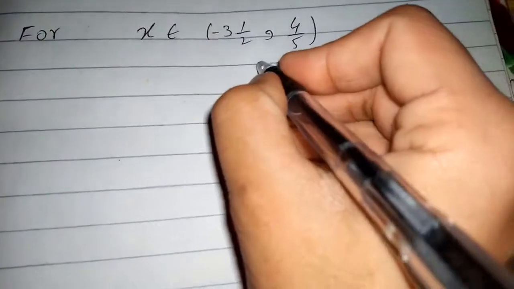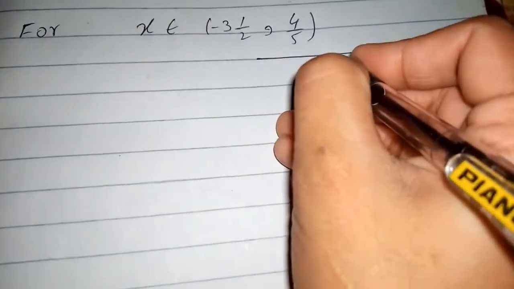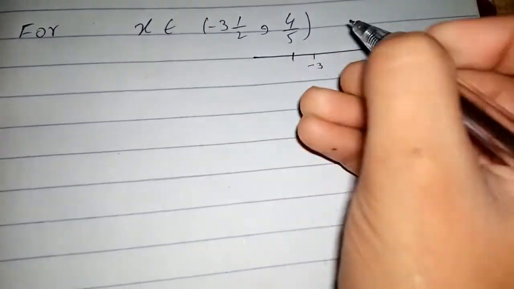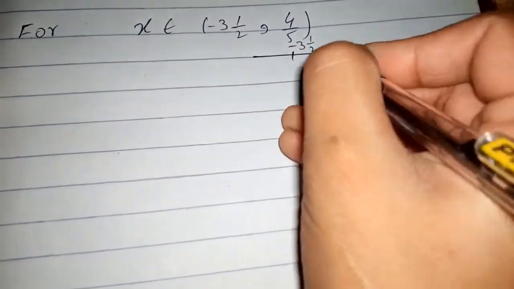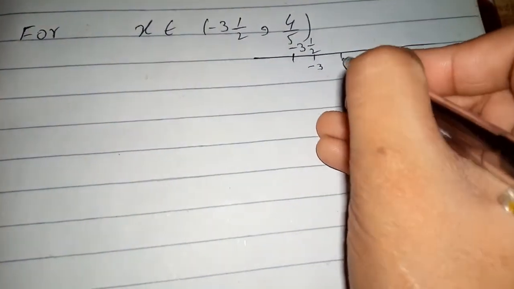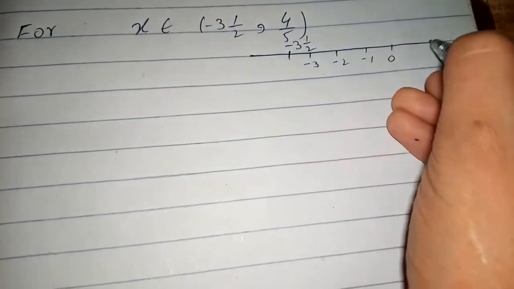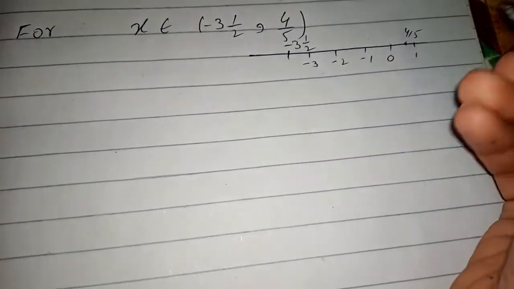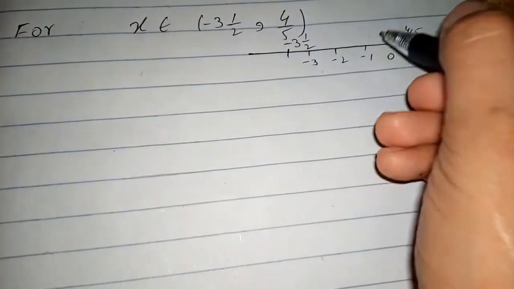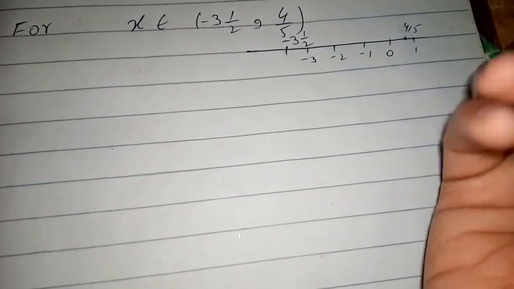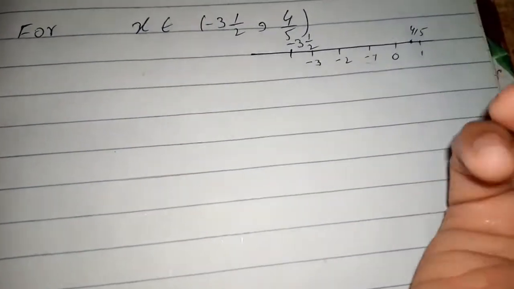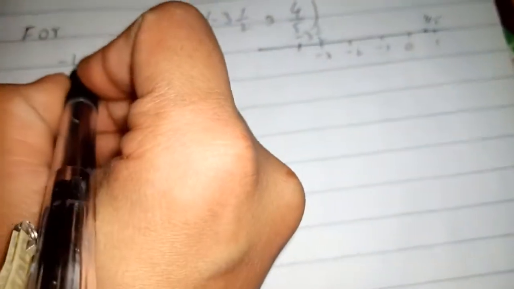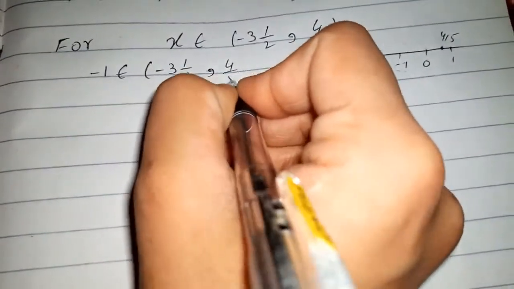On the real line, minus 3 is here, minus 3 whole 1 over 2 is here, and we have minus 2, minus 1, 0 and 1. The other point, 4 by 5, is here. We take any point from this interval, let us take minus 1 for ease. Minus 1 belongs to minus 3 whole 1 by 2 to 4 by 5.